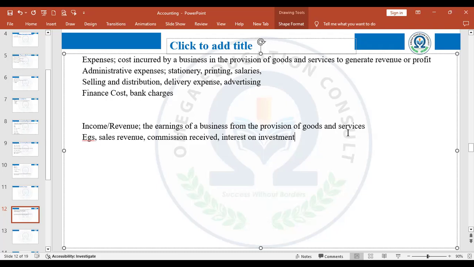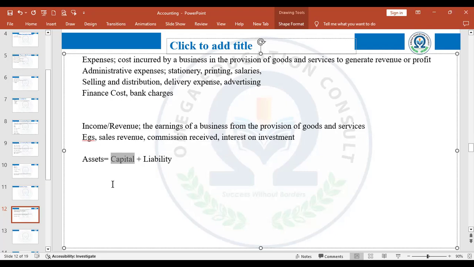Now I want to tell you something. When we take our equation, assets equals capital plus liability, these two elements, expenses and income, also affect these three elements, right? But they affect, most importantly, the capital of the business.